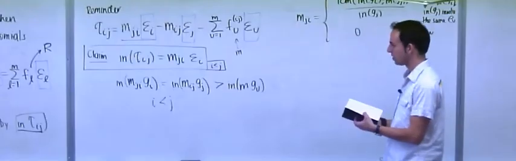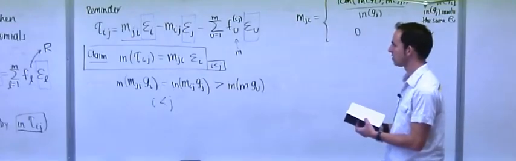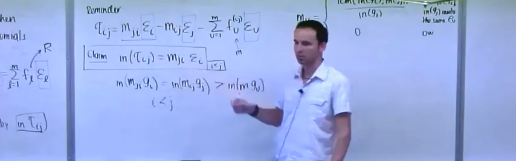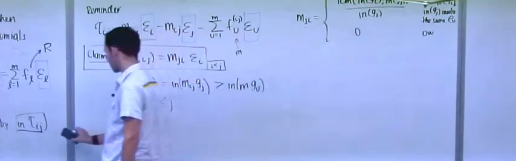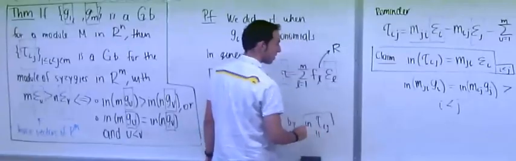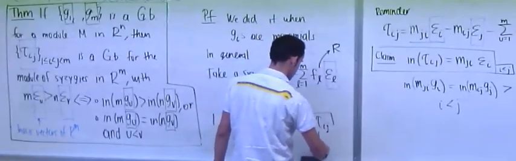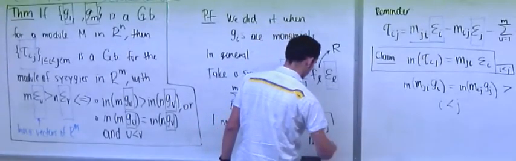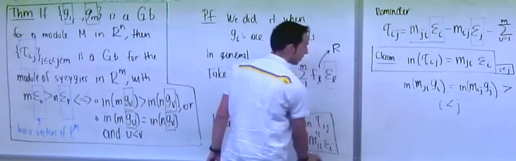So that's the first claim, that I do know what these initial terms are. These initial terms are just M_ji epsilon_I. Okay?